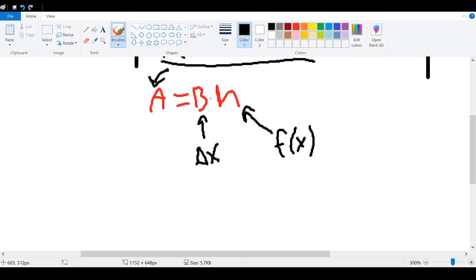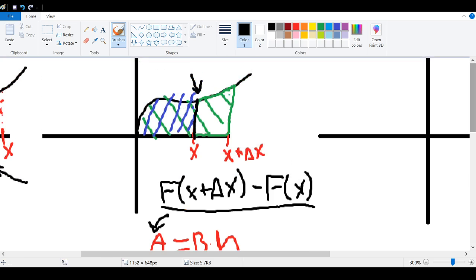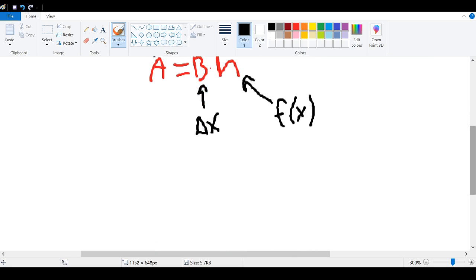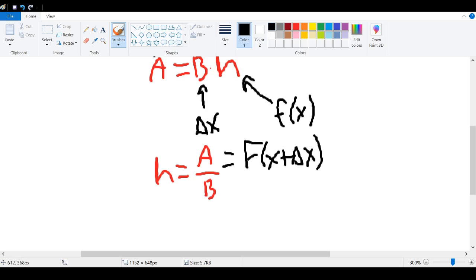Now it's just an approximation for f of x because this height is not exactly f of x. But we're just going to approximate f of x. So if we rearrange this equation and solve for h, here we have h is equal to area over base. And the area was equal to capital F of x plus delta x, subtract away capital F of x. And then the base was delta x.